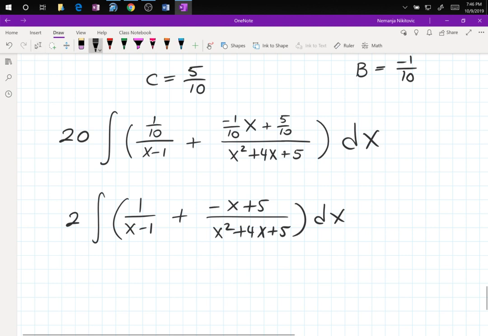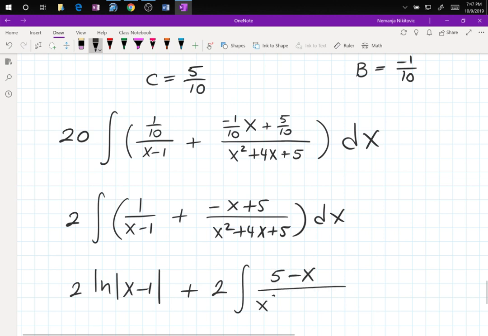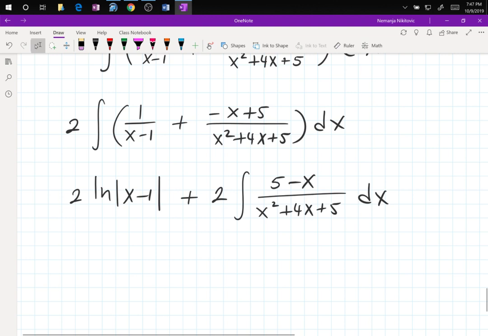The first integral is clearly 2 ln x minus 1. And then we have plus 2 integral of 5 minus x divided by x squared plus 4x plus 5, dx. What should we do for the second integral?